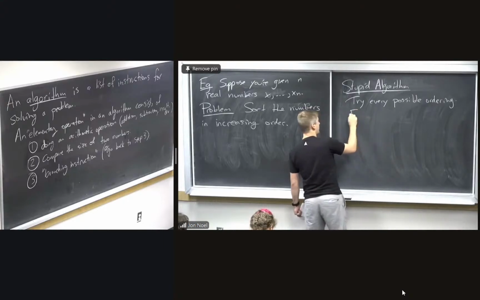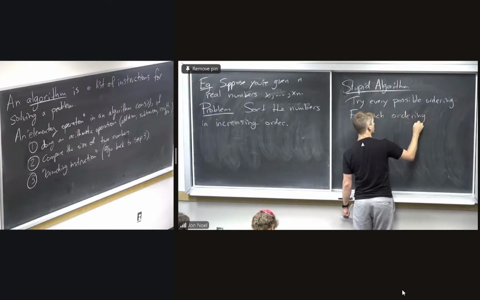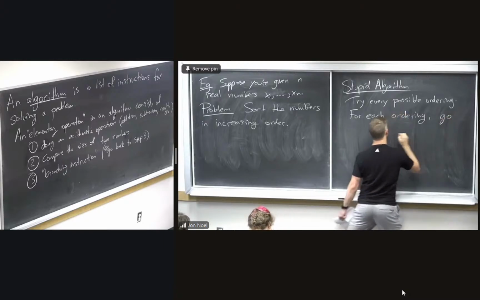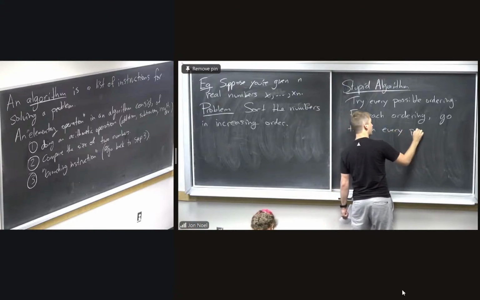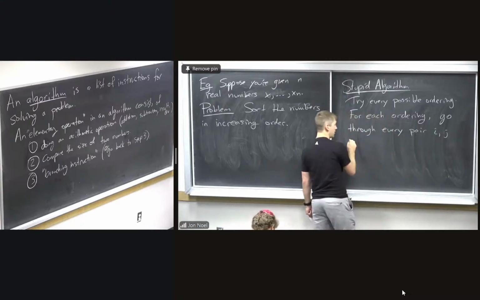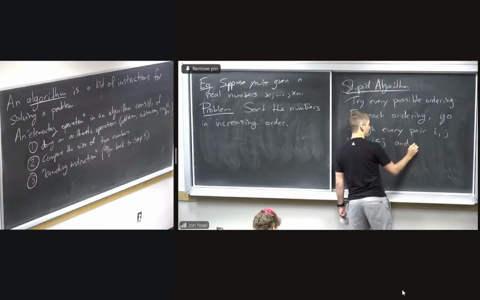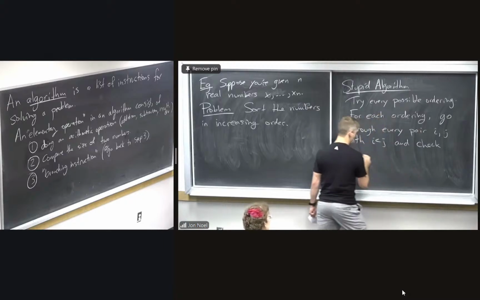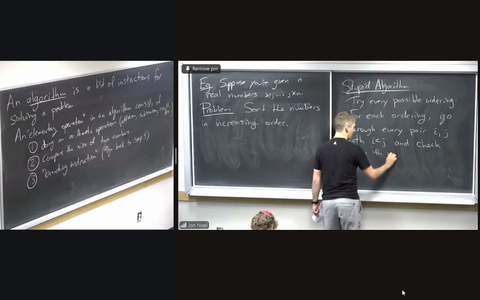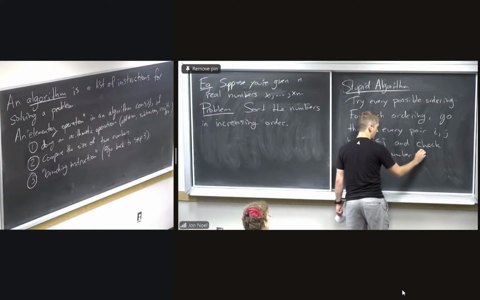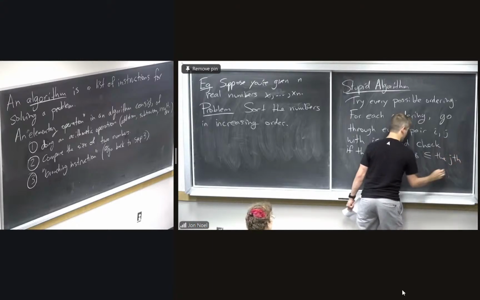And for each ordering, go through every pair i and j with i less than j, and check if the ith number is at most the jth number.